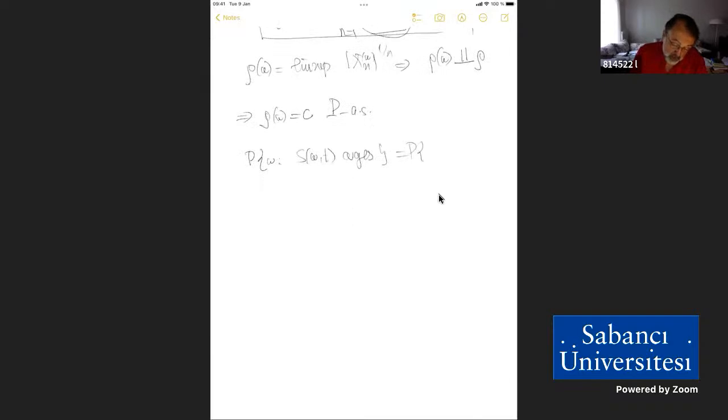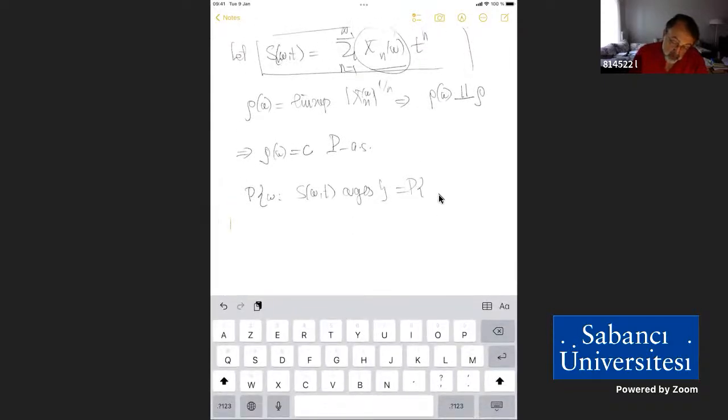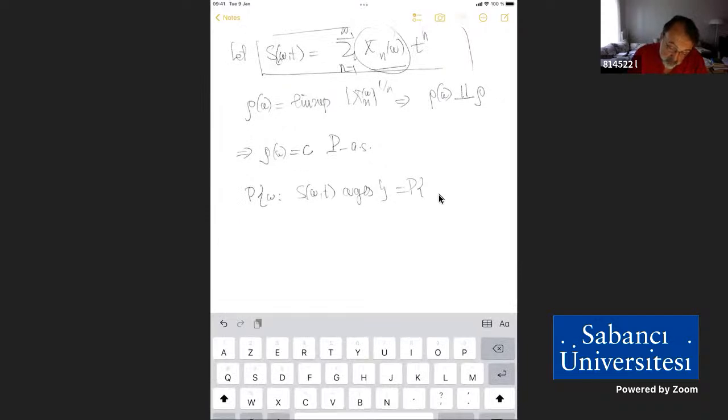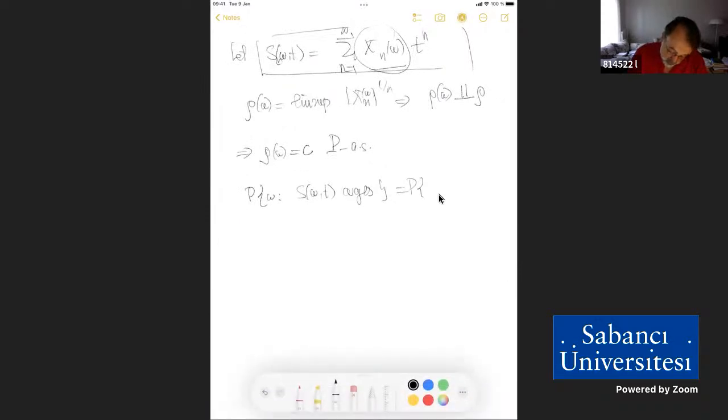So this is the same thing as t less than rho. This is either 0 or 1. So as you see, you obtain very fine results using this concept. This is a famous result of Kolmogorov. This is called the 0-1 law.